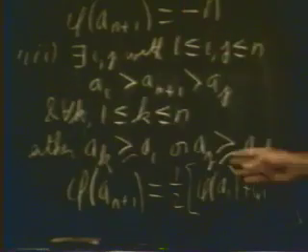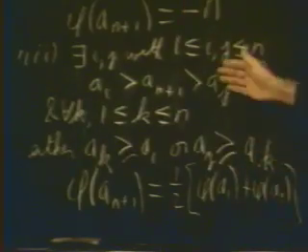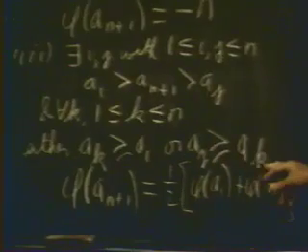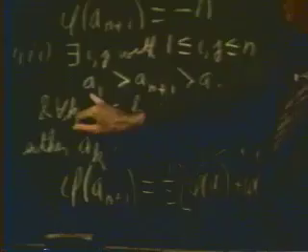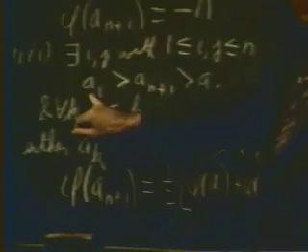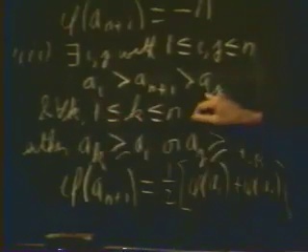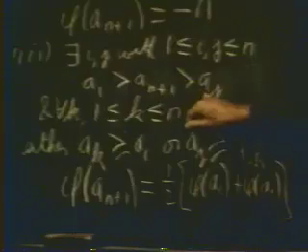That is, either a sub k is equal to or greater than a sub i, or a sub j is equal to or greater than a sub k. In that case, it should be obvious we just look at the numerical assignment to a sub i, the numerical assignment to a sub j, and take the midpoint.